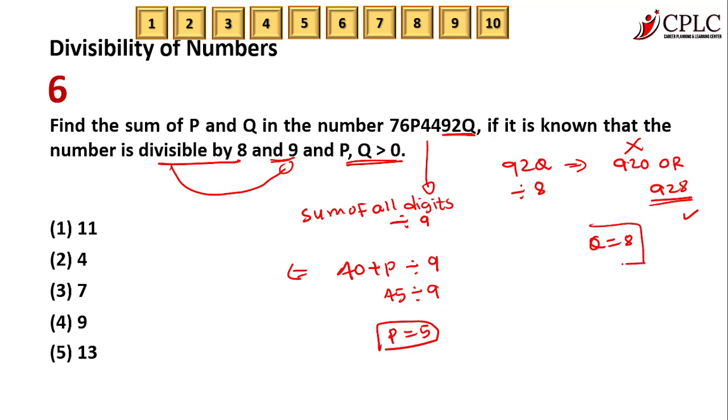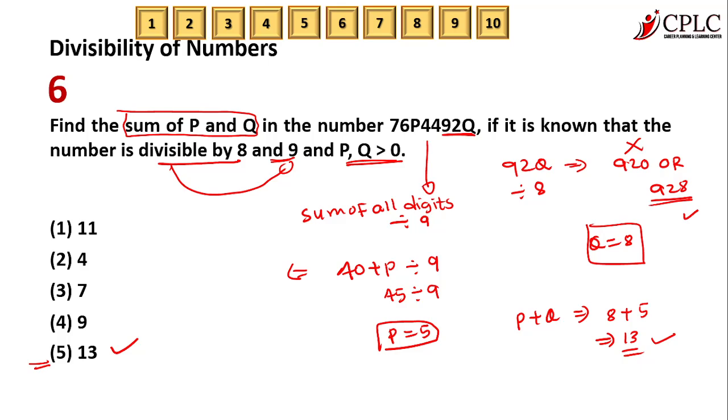So now I've gotten P and Q both, and what are they asking? The sum of P and Q. So I have to add P and Q, which is 8 plus 5, which is 13 as the answer, which is answer option 5. So the easiest way is that you have to know the divisibility of 8 and 9.